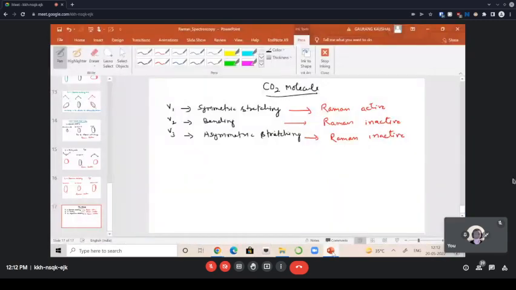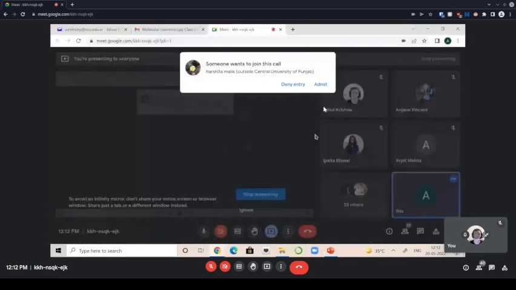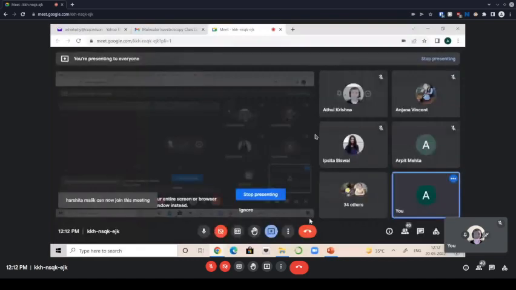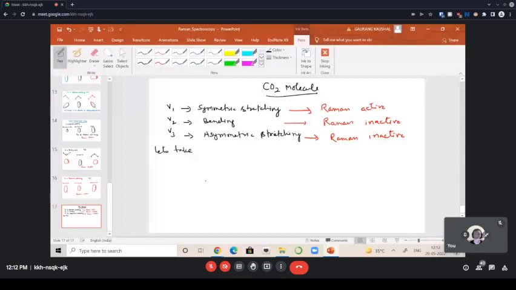Let us take the change in polarizability with respect to the displacement coordinate.